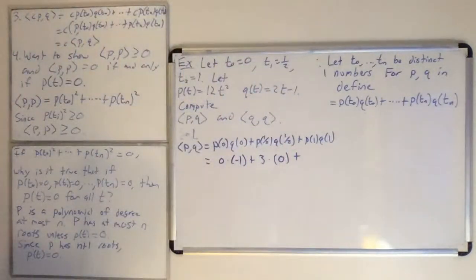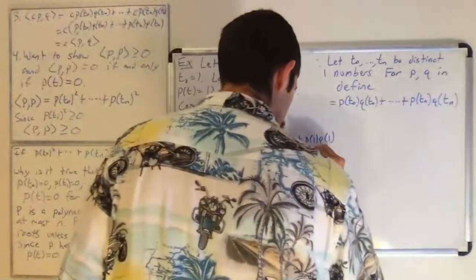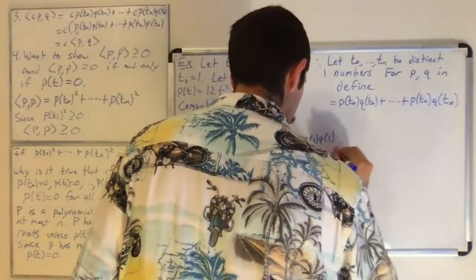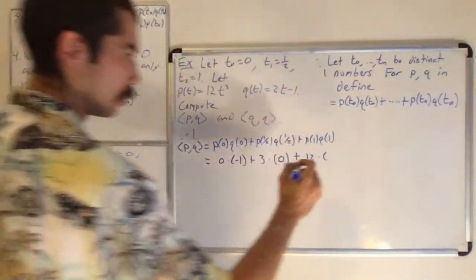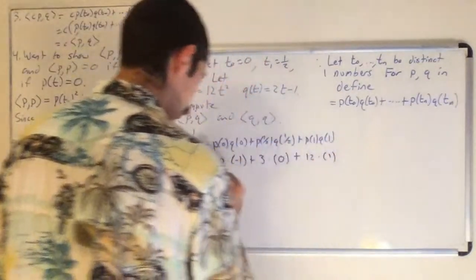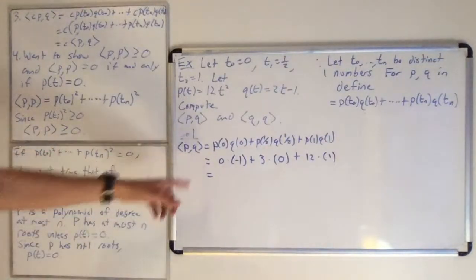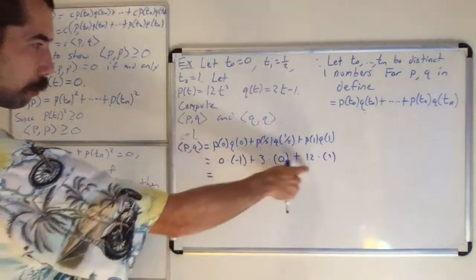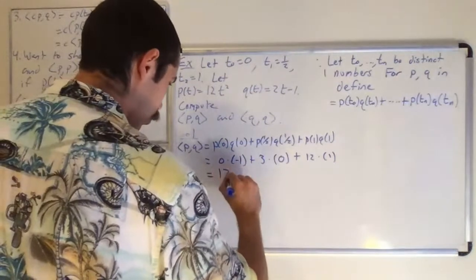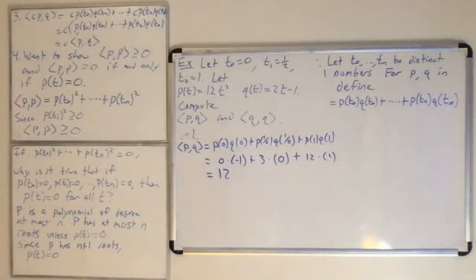P of 1 is 12. And Q of 1 is 1. So the inner product of P and Q is 0 plus 0 plus 12, which is 12.